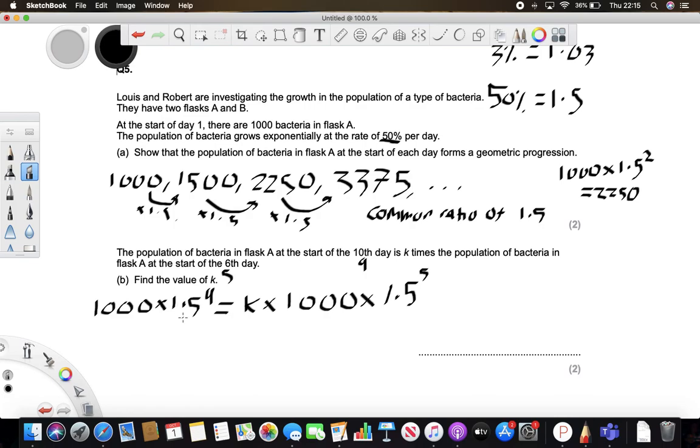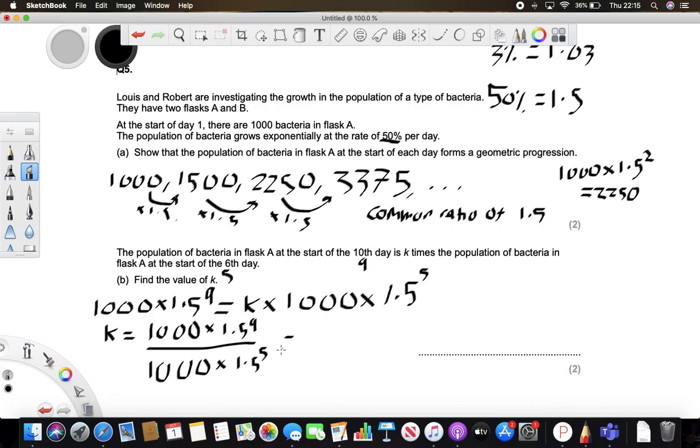And then all we need to do is rearrange this for K. So we get that K is equal to 1,000 times 1.5 to the power of 9, divided by 1,000 times 1.5 to the power of 5.